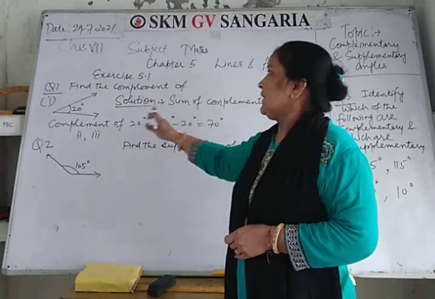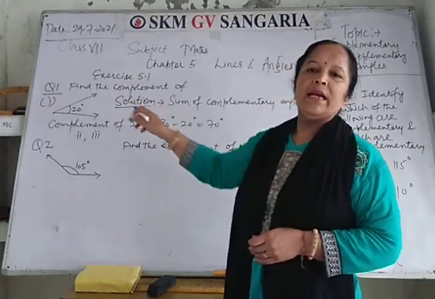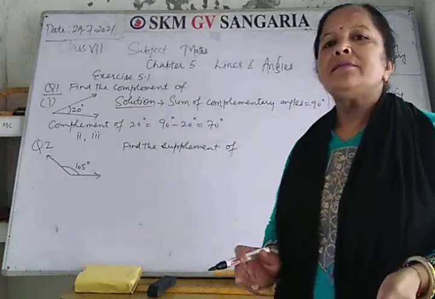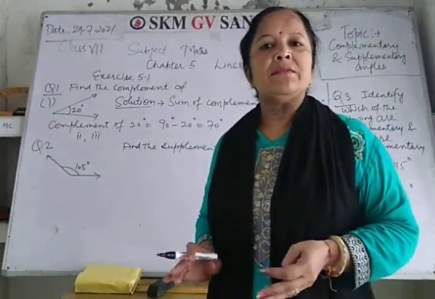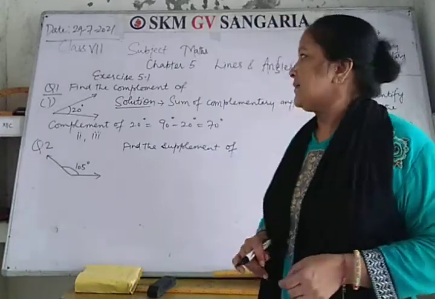The sum of 70 degree and the given angle 20 degree is 90 degree, which means both angles 20 degree and 70 degree are complementary angles.